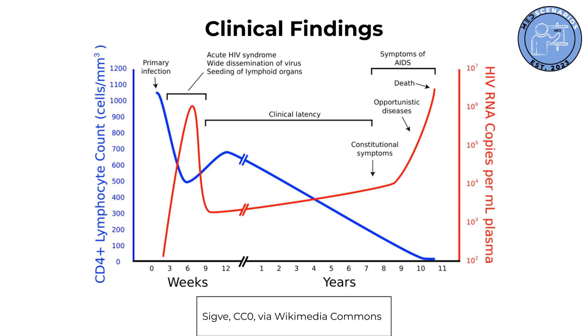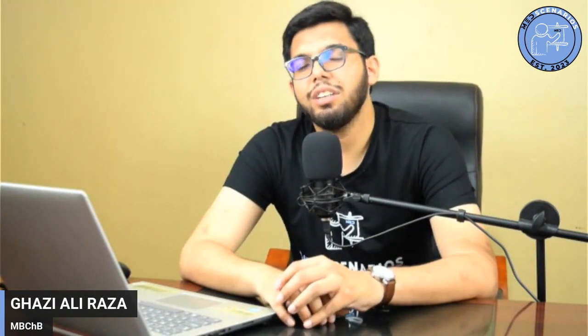But remember, these patients can present with a variety of combinations of these symptoms. Because these symptoms are so generalized, it's hard to identify that this patient can have HIV unless you take a proper sexual history of this patient.